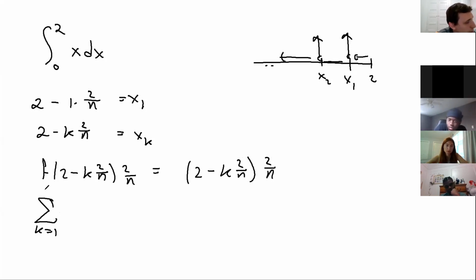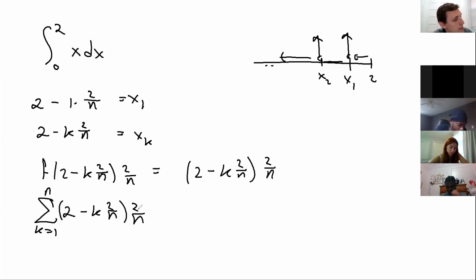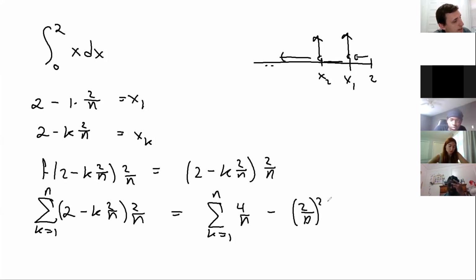So it's the sum from k equals 1 to n of 2 minus k times 2 over n, times 2 over n. I can carry the addition by distributing the 2 over n. So it would be the summation k equal 1 to n of 4 over n minus 2 over n squared times k.